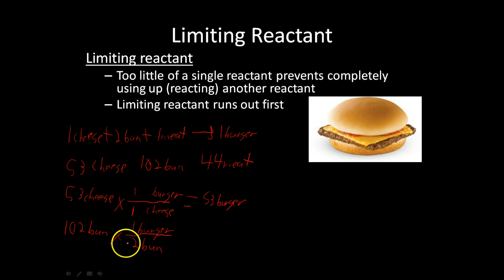So right here, I'm going to go ahead and cancel this, because I can do that in my head. 102 divided by 2 is 51, times 1. So that'll give me 51 burger.